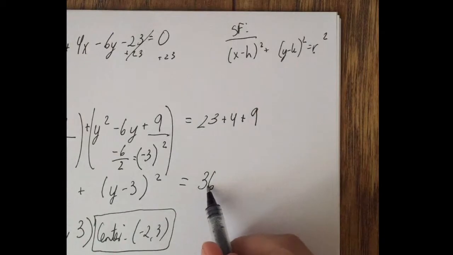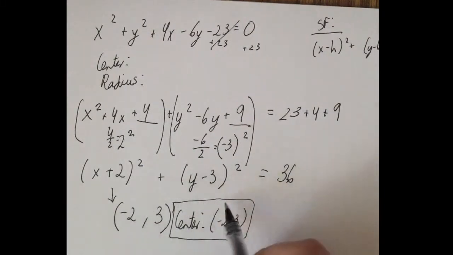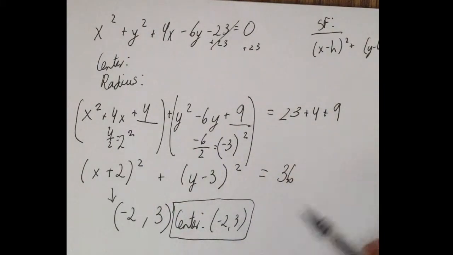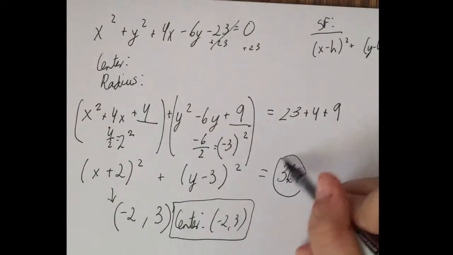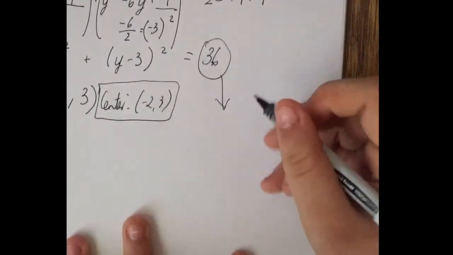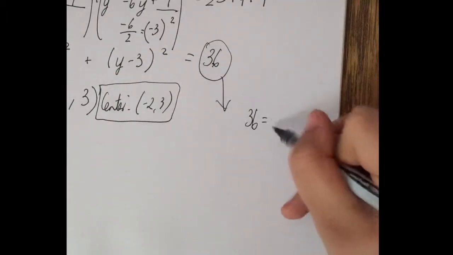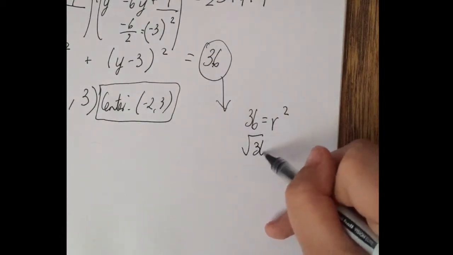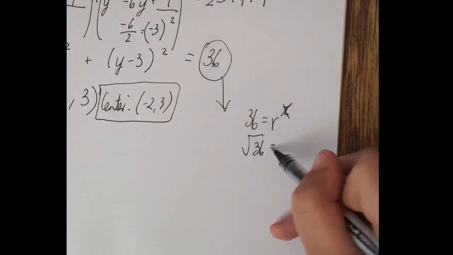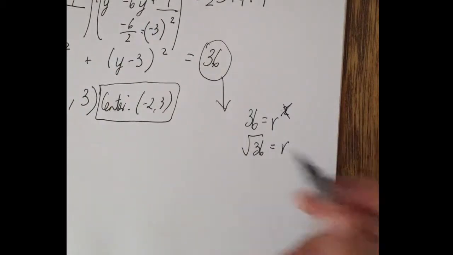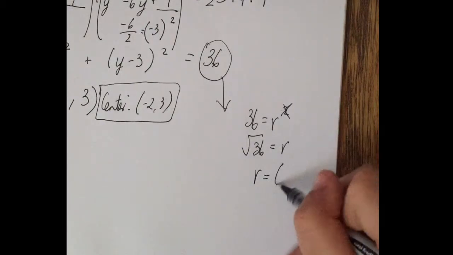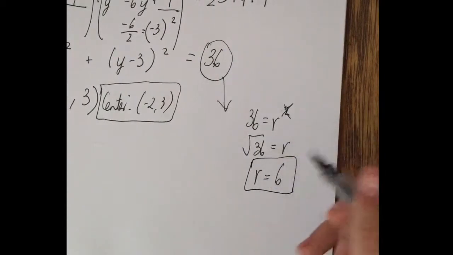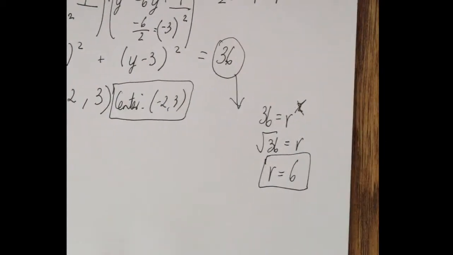So 36 equals radius squared. Then take the root of 36, which is going to be r. r is 6. Now you know your radius and your center.